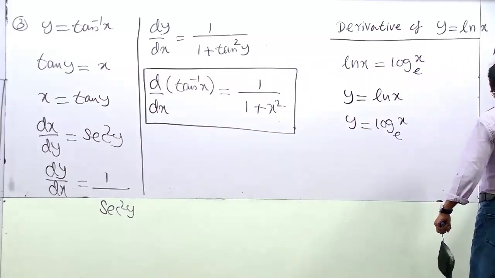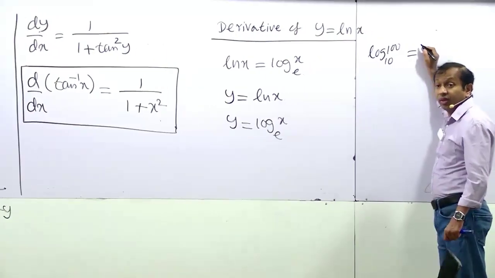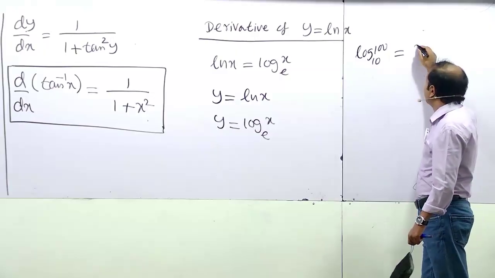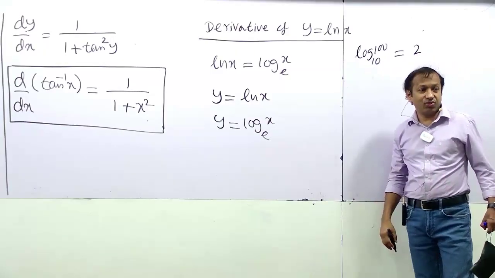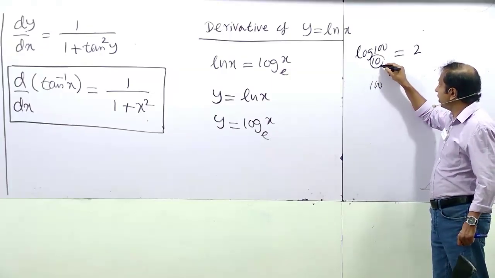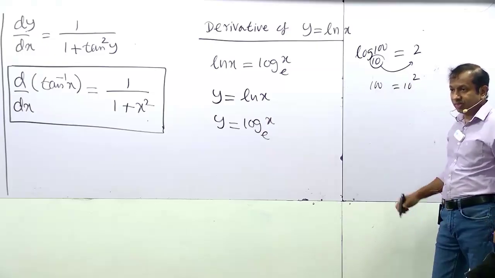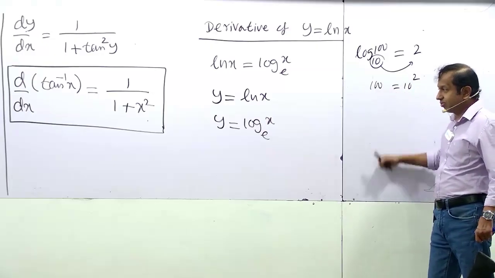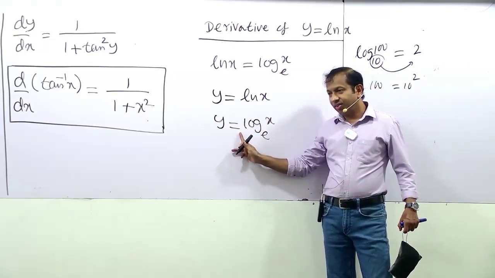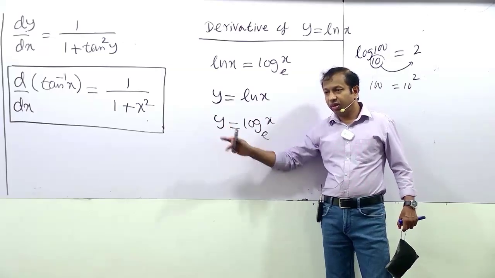You know log 100 to the base 10, what is this? 2. Convert this to index form: 100 equals 10 squared. This way we can write it. This is called index form. Like that, tell me here: x equals e to the power y.